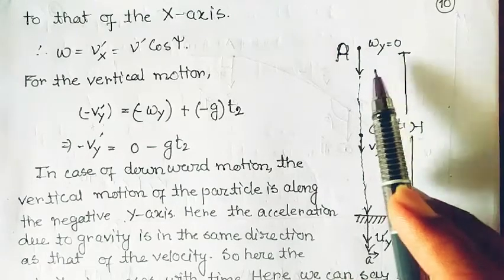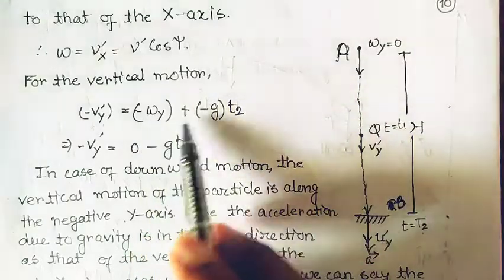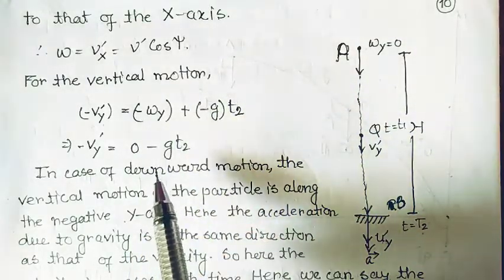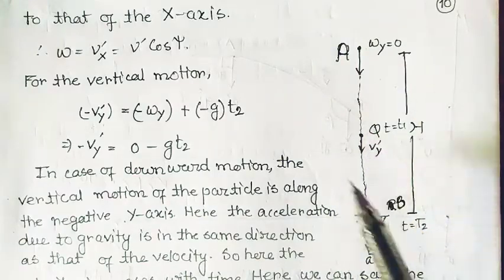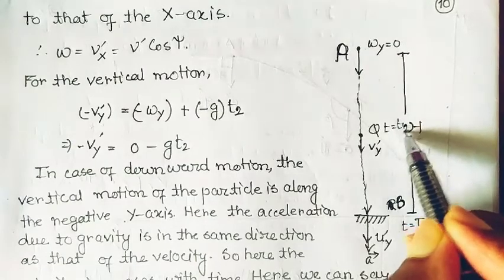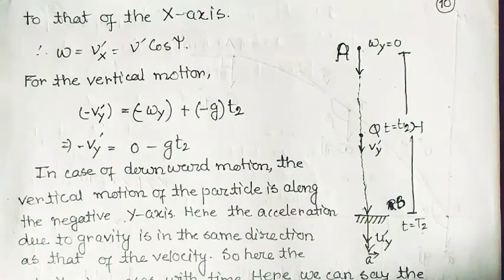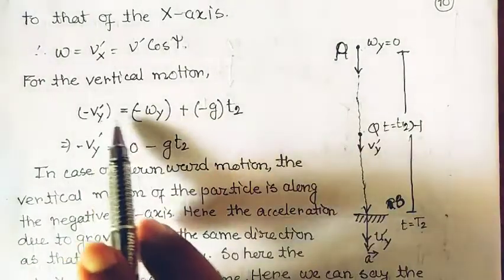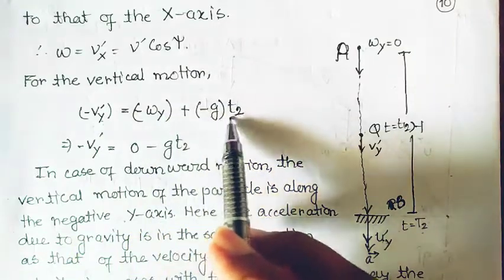Actually it is 0, but if I consider direction, it is 0 here, negative here, plus minus of gt2, because acceleration due to gravity is always acting along the negative y direction, and t2 is the time when the particle reaches from A to the point Q. This is the form of v equal to u plus at.